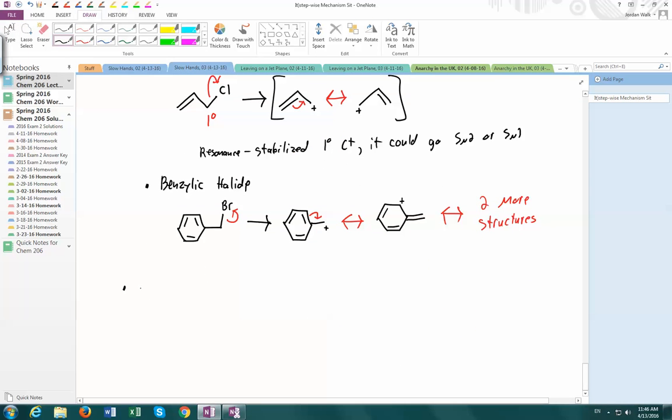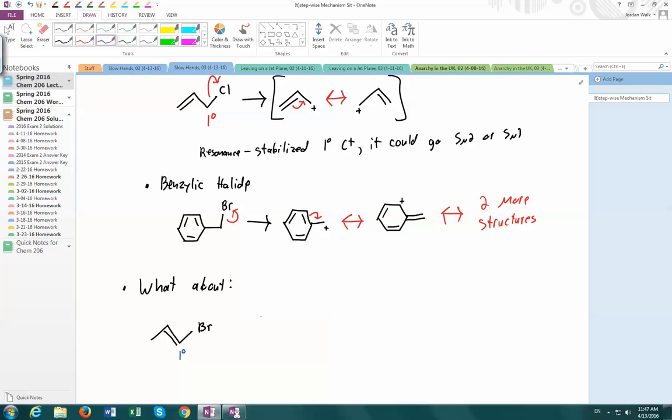Let's ask ourselves, what about this structure? So do you think we'd go SN1 or SN2 with this halide? So first off, what kind of carbon is it? So we've got a primary carbon there, which would initially make us think SN2.